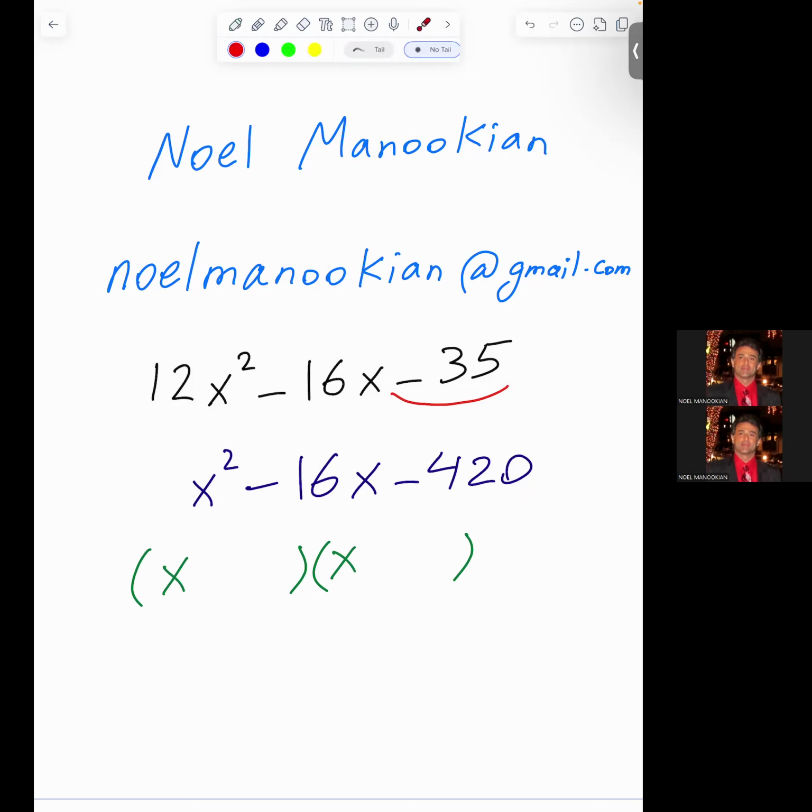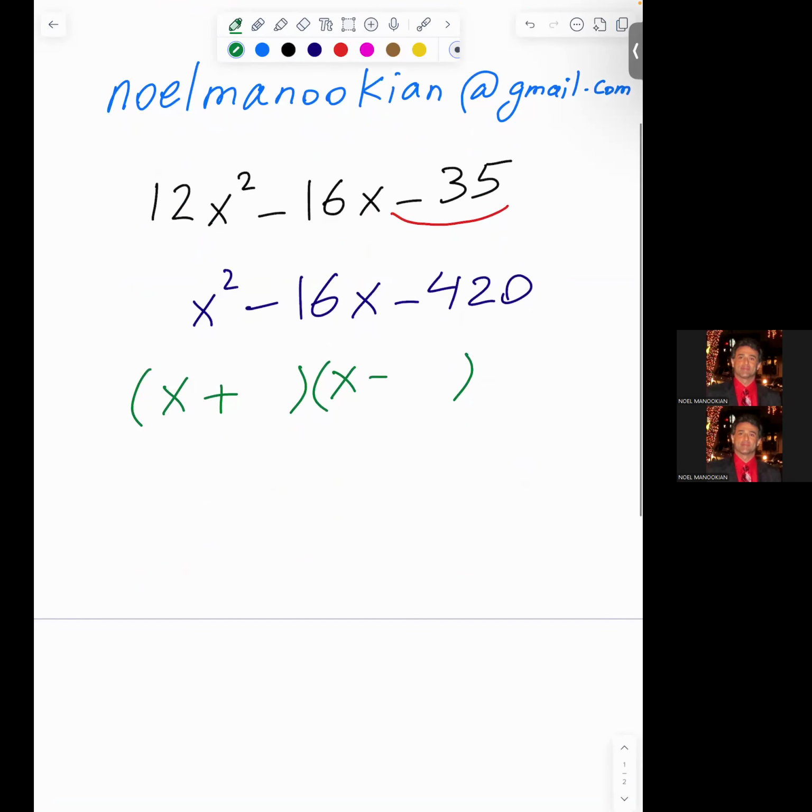Now I need two numbers, here and here, that the product of these two numbers must be negative 420, and when you add them, you are going to get negative 16. Since the product is negative, definitely one of them must be positive, the other one must be negative. And when you add them, you get negative 16.